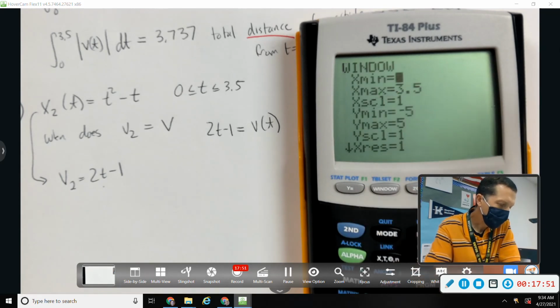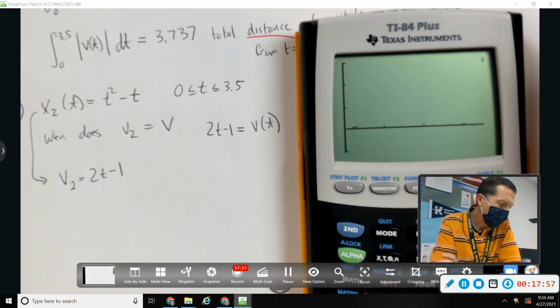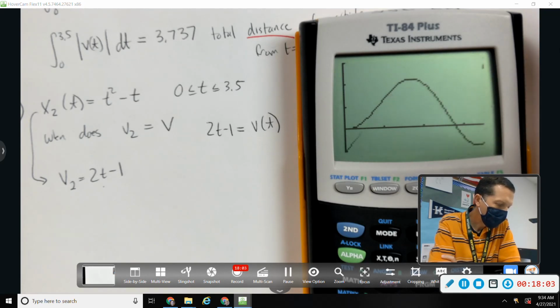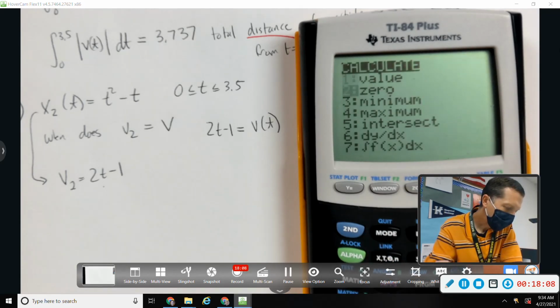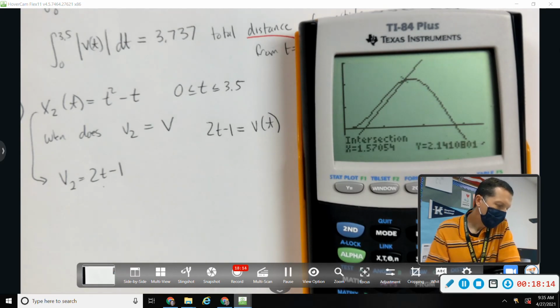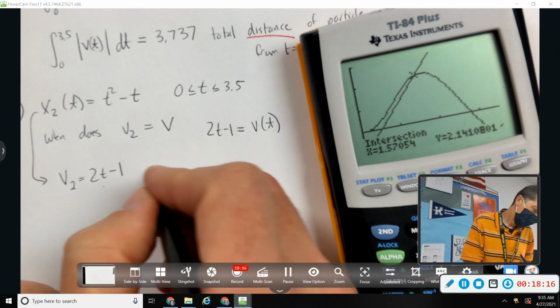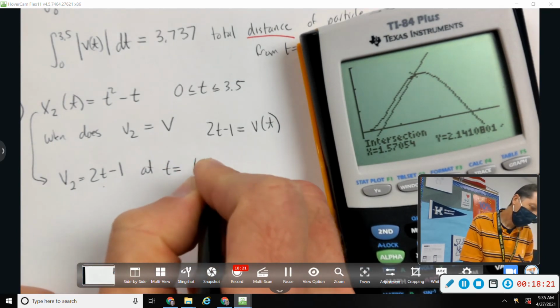Again, you don't want to spend the time doing this, but if we had a little bit better x scale, it'd be more obvious that they only intersect in one spot. So second calc, intersection, first curve, second curve, guess. So they intersect at t equals 1.571.